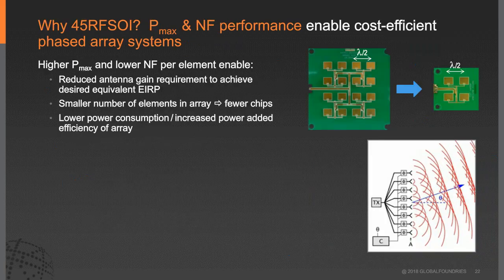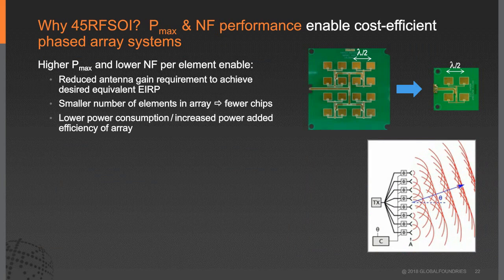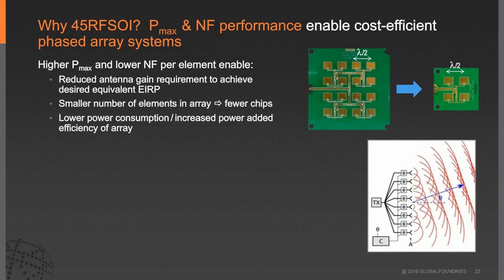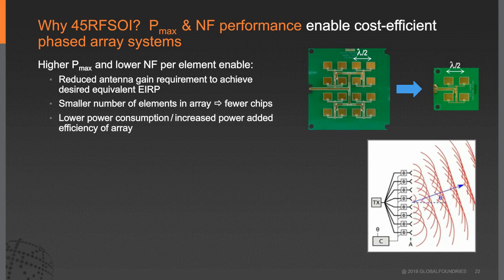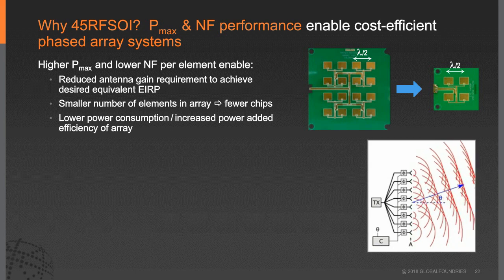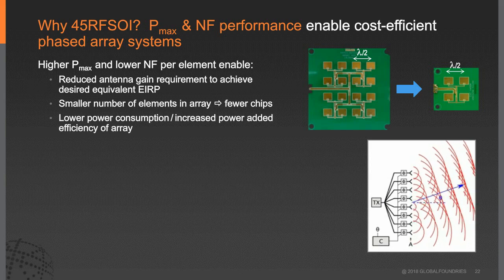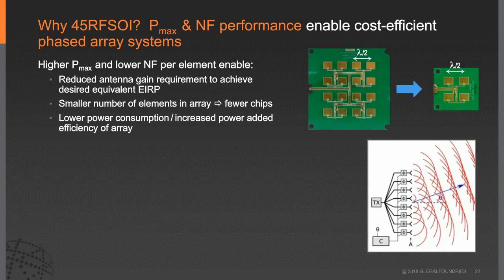To combine the two: on the transmit side, you had high power amplifier output power. We have demonstrated 23 dBm at a very high power added efficiency of 43%. On the receive side, you had low noise figure.